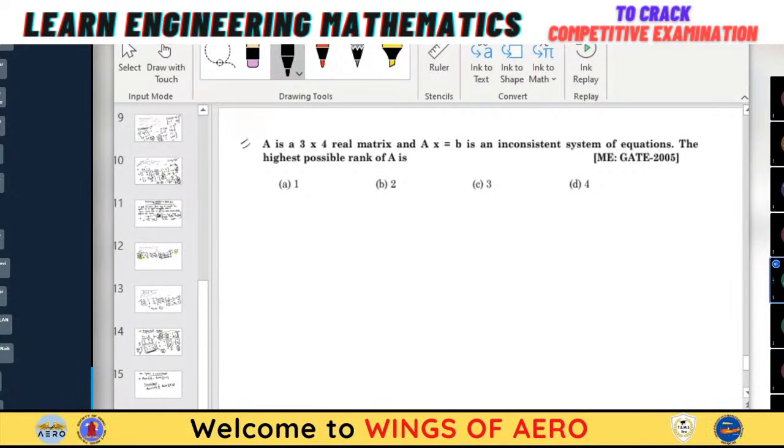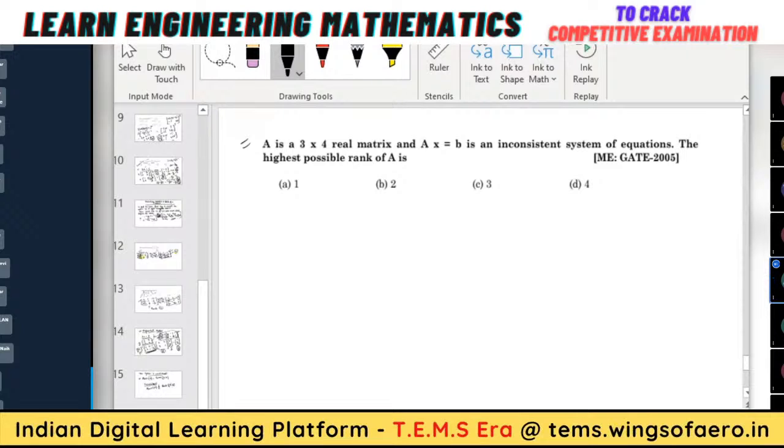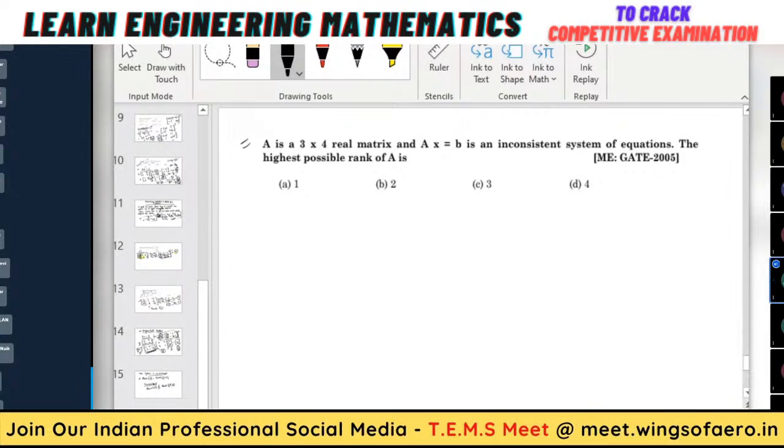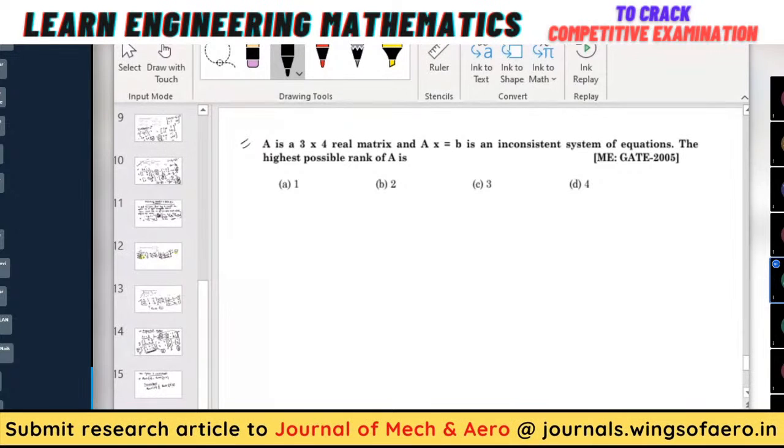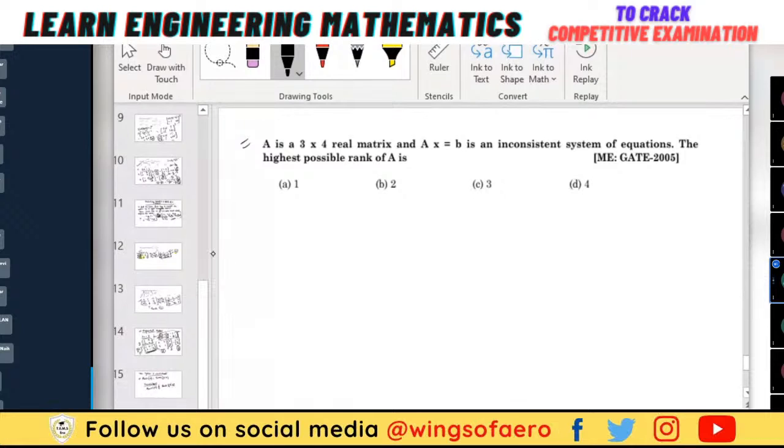There is a system that is inconsistent. First of all, you need to know this. What is the situation when a system becomes inconsistent? Okay, I am solving it.